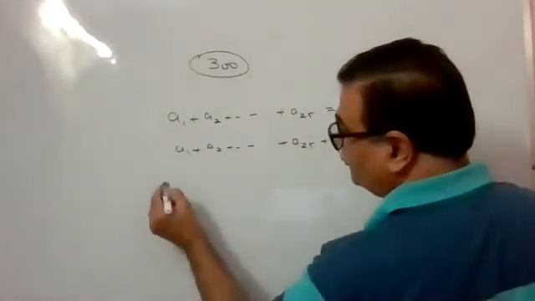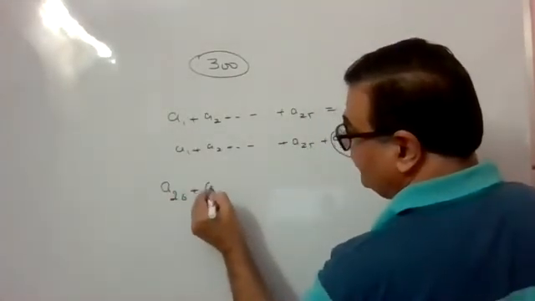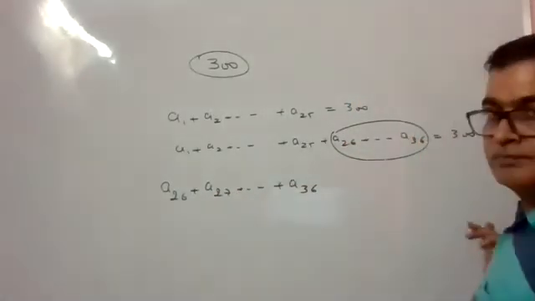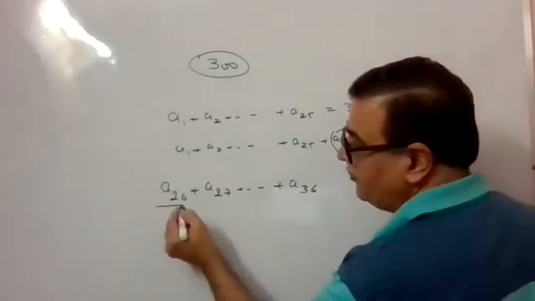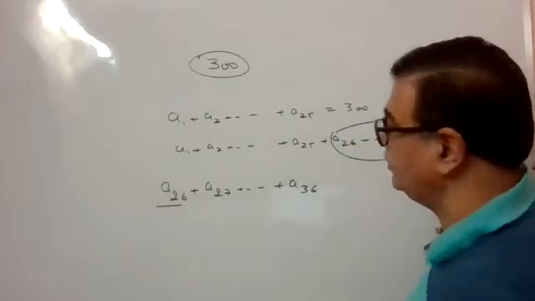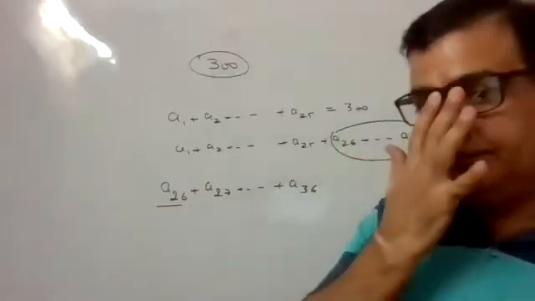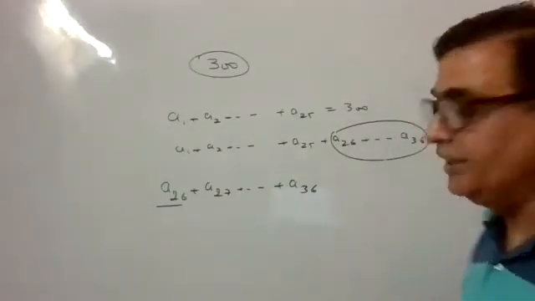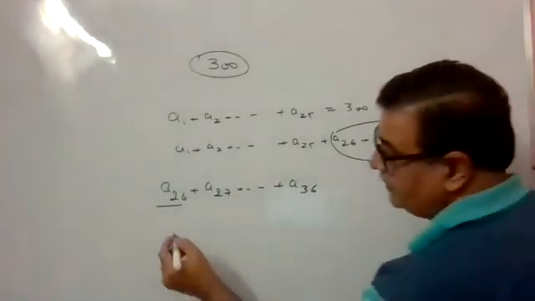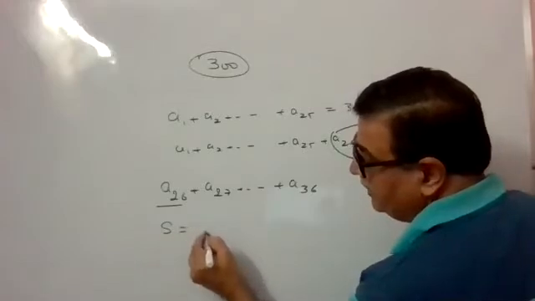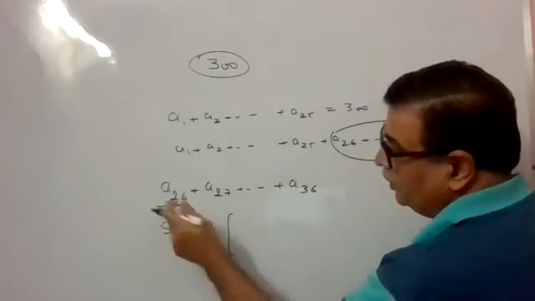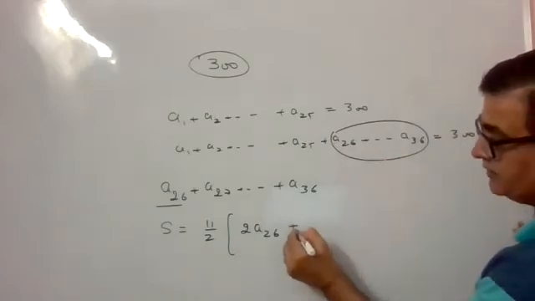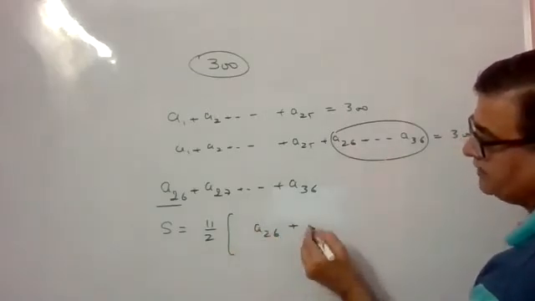So we will show that, what is the sum of 26, 27 till 36 term sum? When you want, this will be the first term you will be having. How many total terms will be there? Sir, 11. 11 terms will be there. Yes. So we will have 11 term sum now. We find out sum here 11 by 2 into 2a, so a26 plus a36.